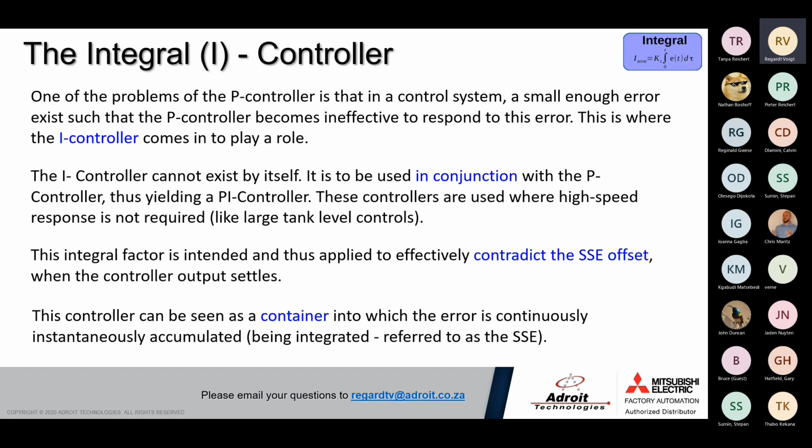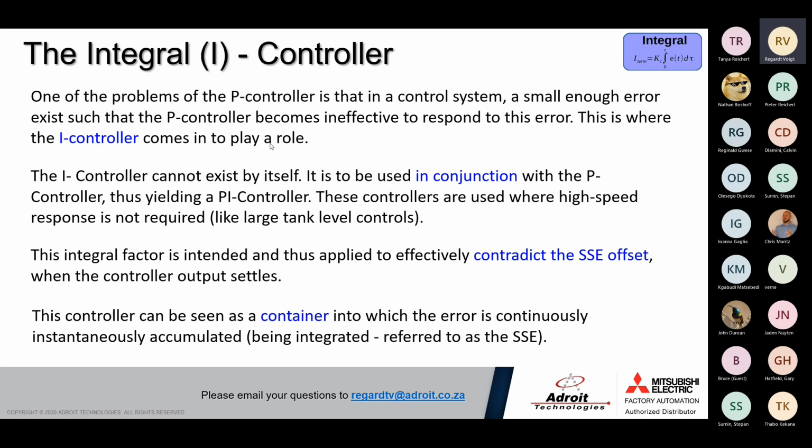The reason for that is it accumulates the error over time, and obviously as the error accumulates, the higher the error, the more aggressively the integral controller will react to it.